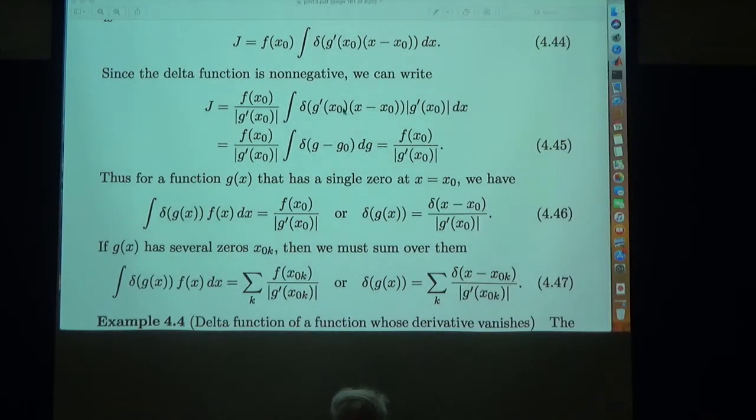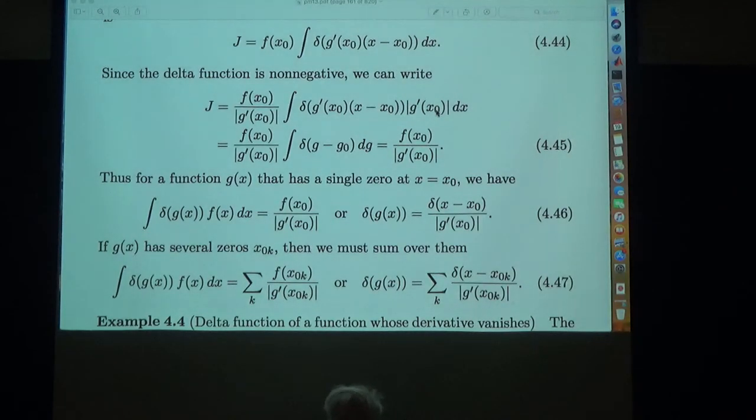It's clear that we can write it this way. It's also clear that this thing here is just g minus g0, so we can replace this part by that. And then this thing here is just dg, but it's a funny kind of dg. It's dg that's only positive.